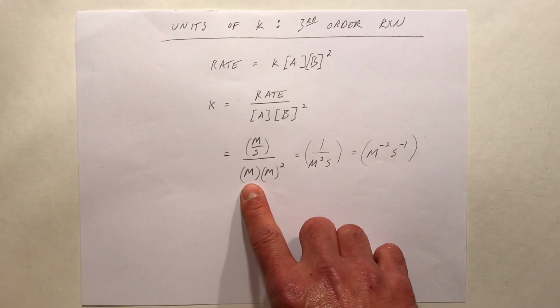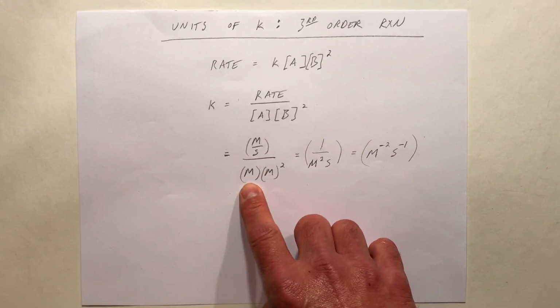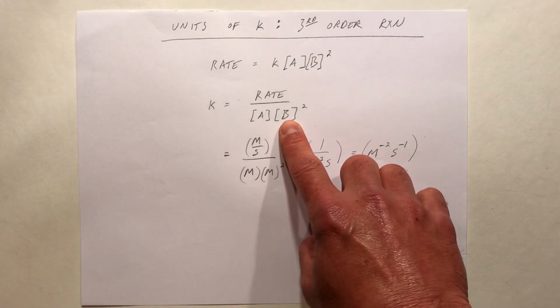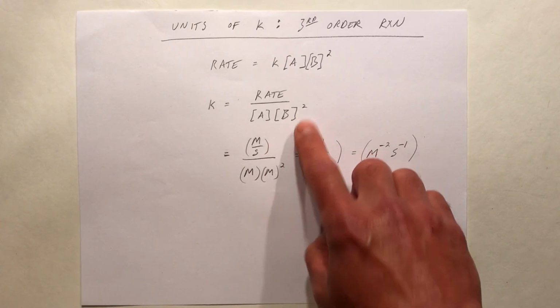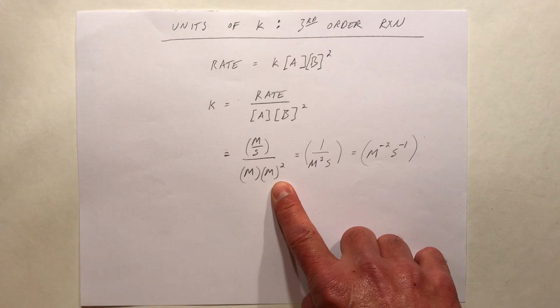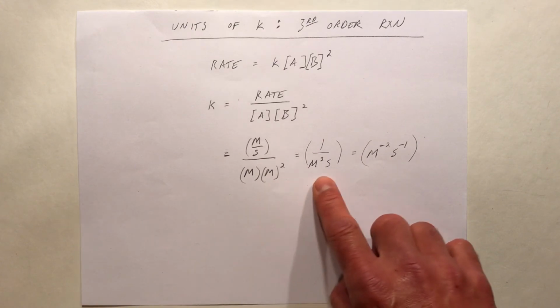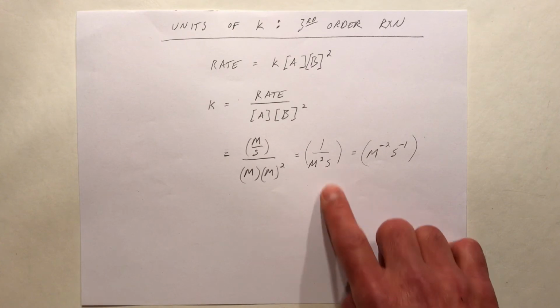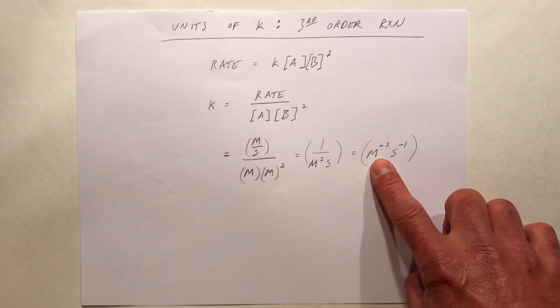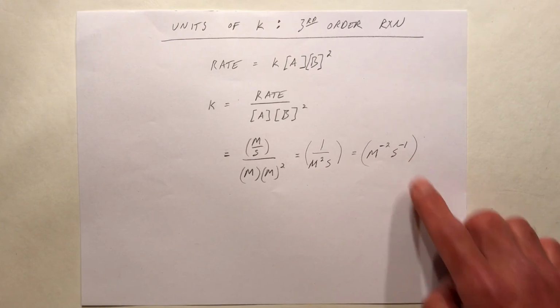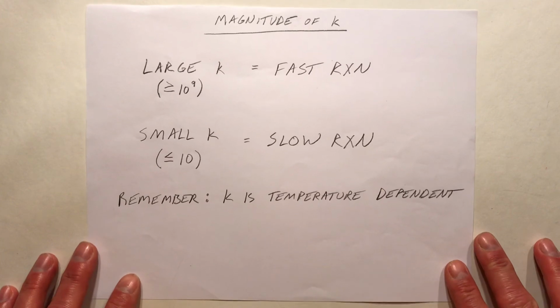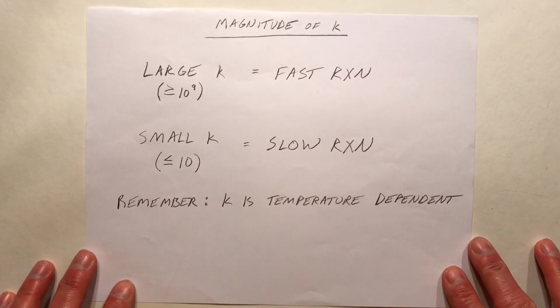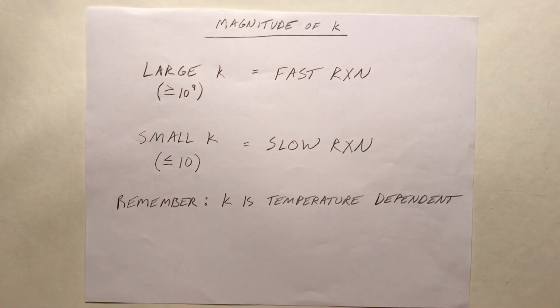Units for concentration of chemical A is molarity, and units for concentration of chemical B is molarity as well, but we have to square that one. Simplify this, and you get 1 over molar squared seconds, or molar to the -2, seconds to the -1 power. So you don't ever really memorize the units for K. You just figure it out by plugging in the units and simplifying.